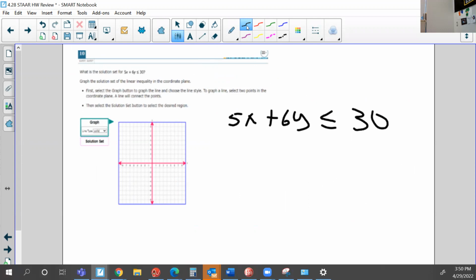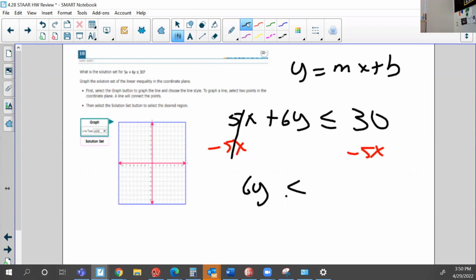Again, when we graph these, we want you to graph it and show the solution set. You've got to put it in slope-intercept form, y equals mx plus b format. So I'm going to minus 5x on both sides, and that gives me 6y is less than or equal to minus 5x plus 30, and divide both sides by 6.